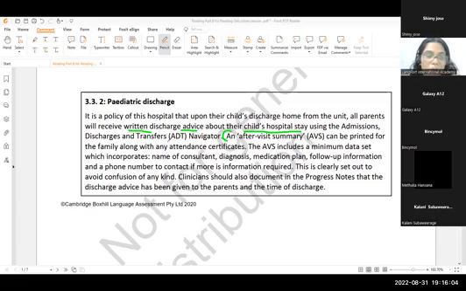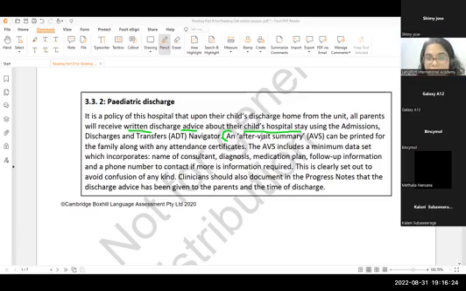So they told the parents will receive a written document. They told that about the summary that will be printed with attendance certificate, and they're talking about what the summary will contain. What are the pieces of information they can find in the summary?